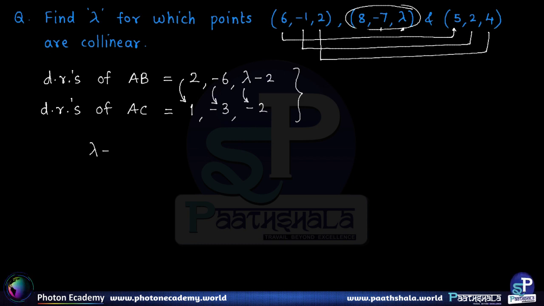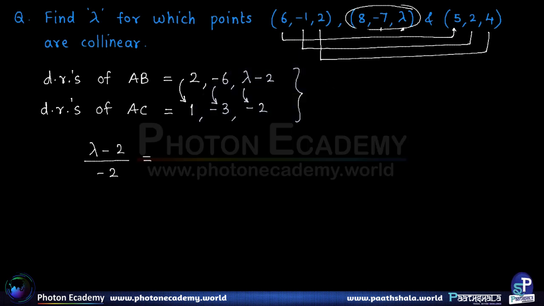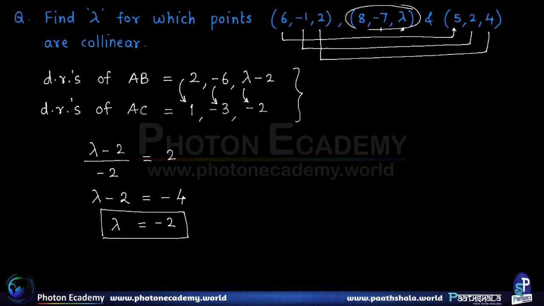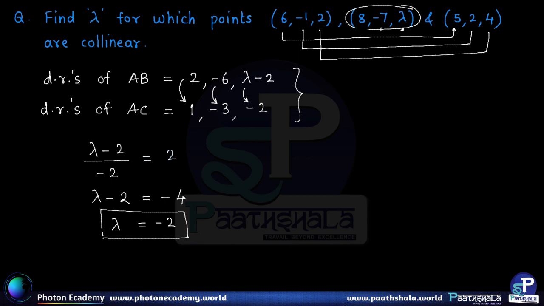So therefore it is clear that (lambda minus 2) upon minus 2 must be equal to 2. So we solve this, we get lambda minus 2 is equal to minus 4. So therefore lambda is 2 minus 4, that is minus 2. So that's the value of lambda for which the 3 points would be collinear. Right.